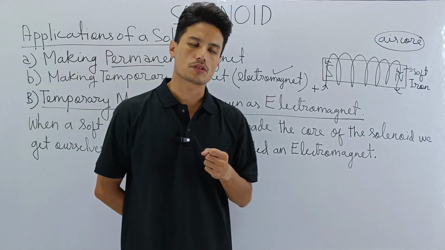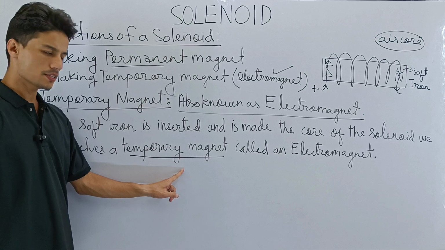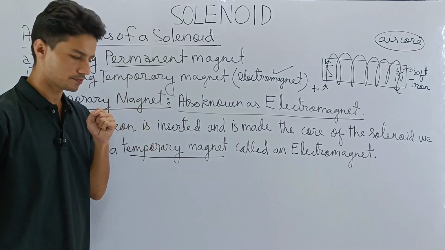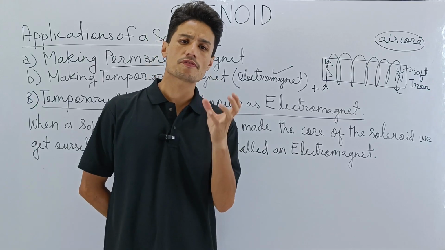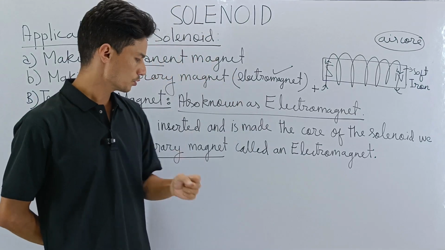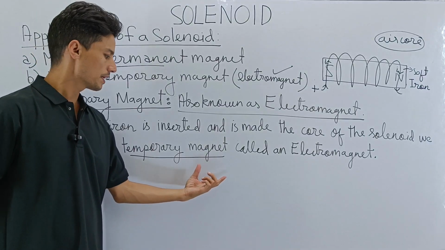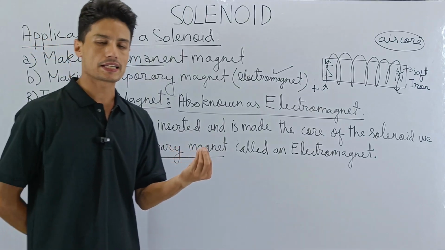Now why is it called a temporary magnet? Temporary means, for a brief period of time. So we get a magnet which will behave like a magnet for a brief amount of time. So when will it stop being a magnet? When will it lose its magnetic properties?